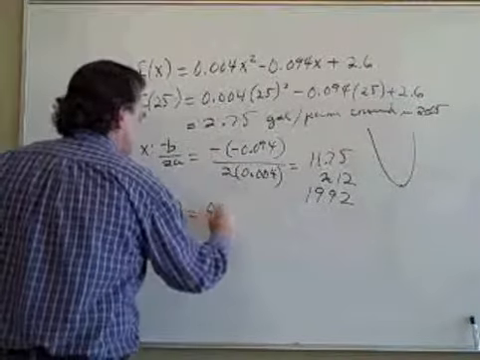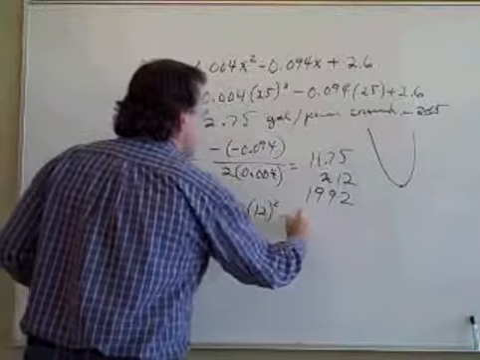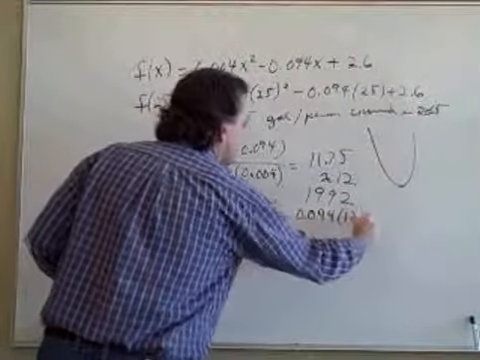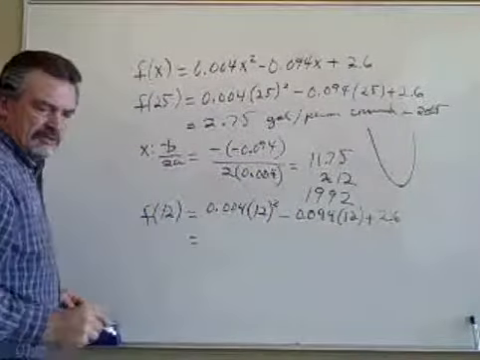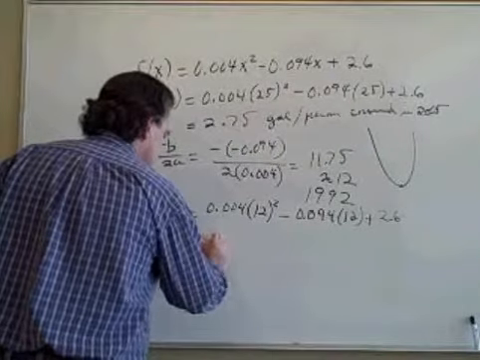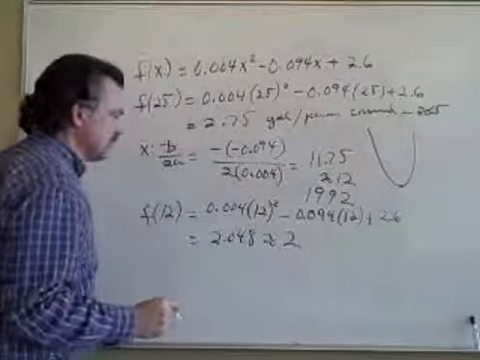So we would take 0.004 times the square of 12 minus 0.094 times 12 plus 2.6. And when we do that, it comes out to 2.048, which is approximately 2.